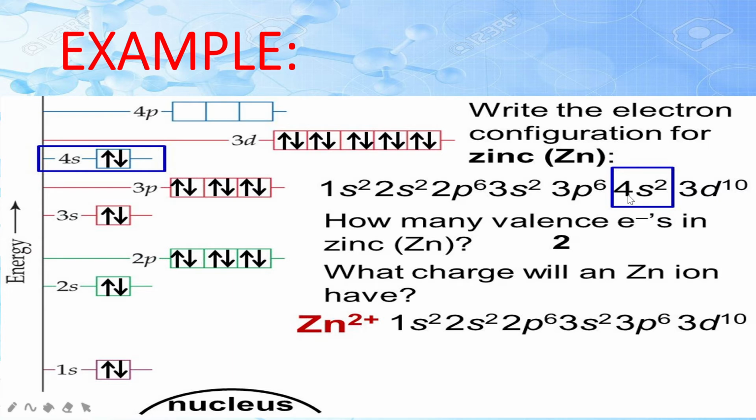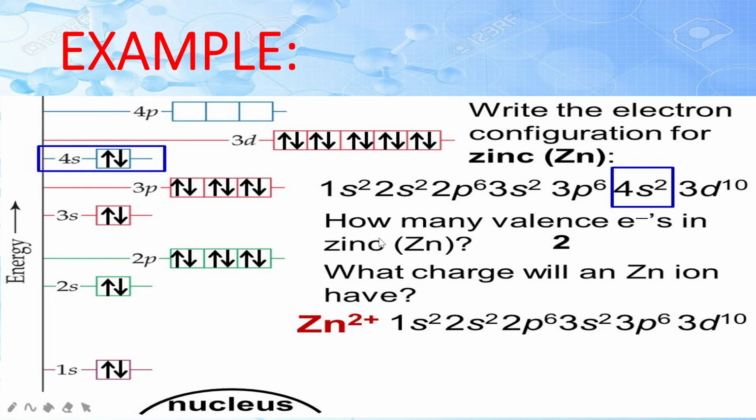Now, how can we find the valence electrons or the valence shell? We have to look first for the greatest base number in the electron configuration, which is 4. So your 4s2 is now your valence shell.